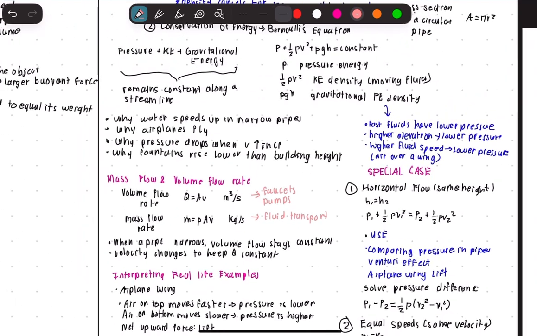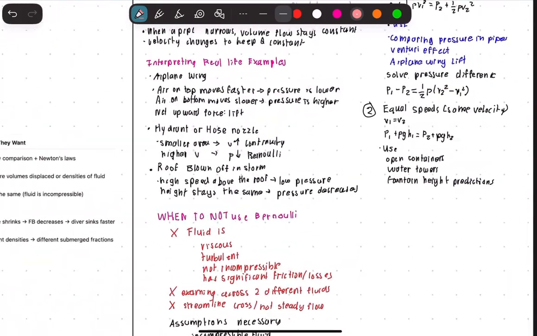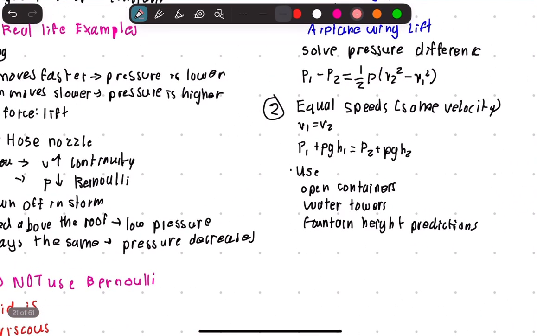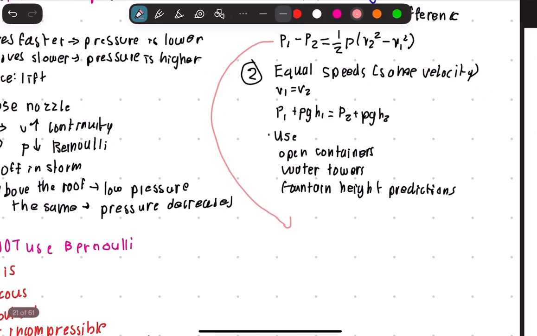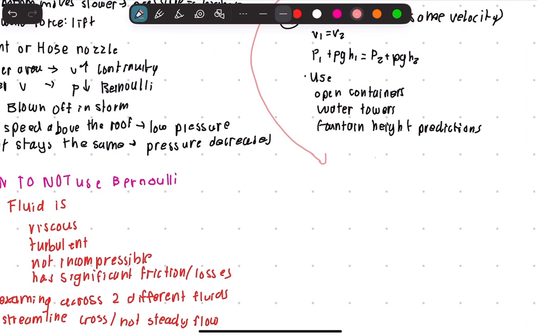For Bernoulli's equation, you use this when you have pressure and velocity comparisons. And you use the pressure difference, which is the alternate version of Bernoulli's equation down over here, when you have the Venturi effect again.